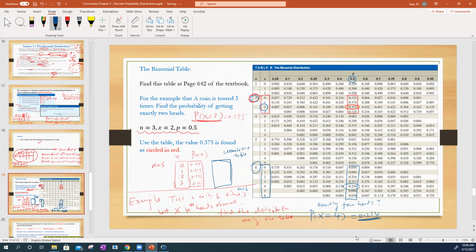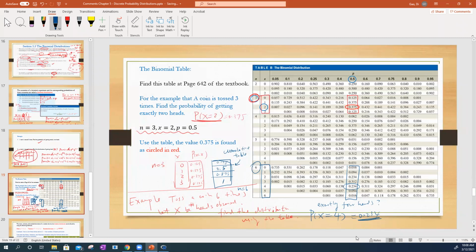So up to 0, we have 0.125. Up to 1, we have those two altogether, so 0.5. Up to 2, we have 0.875. Up to 3, we have 1. So this is called the cumulative one.